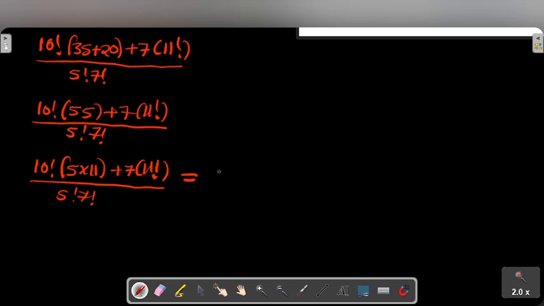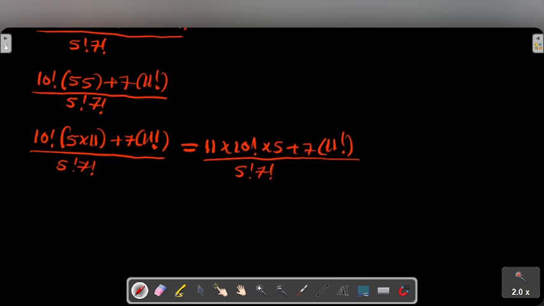So this will give us, I'll start with 11, the bigger number, then I'll say times 10 factorial, then I'll end with a 5, then plus 7 open, then 11 factorial, then that is over 5 factorial 7 factorial. So now 11 times 10 factorial, that can be combined by that concept, so that can be written as 11 factorial times a 5, if you remember.